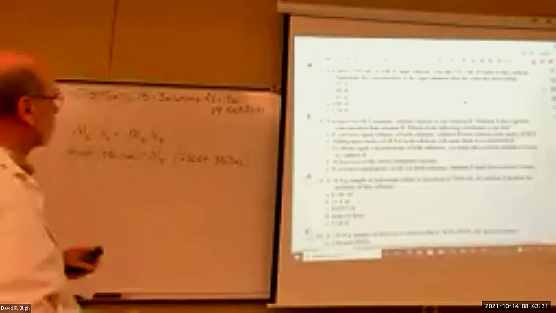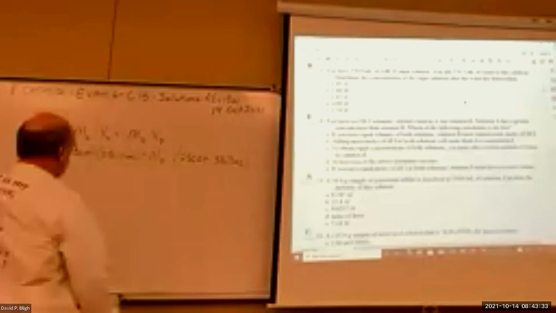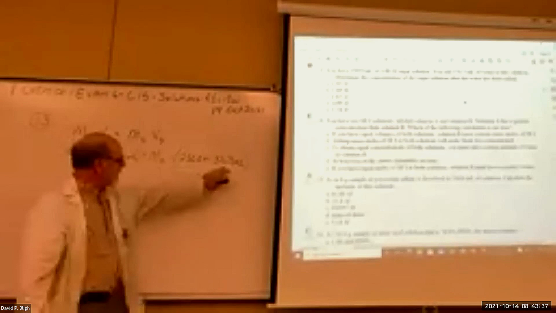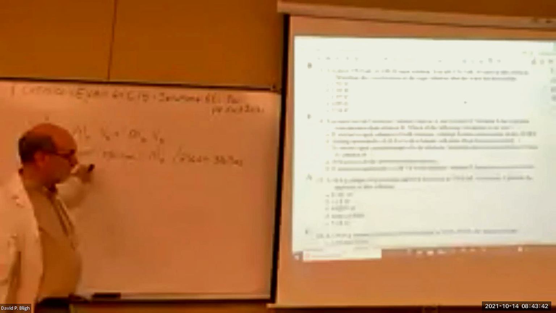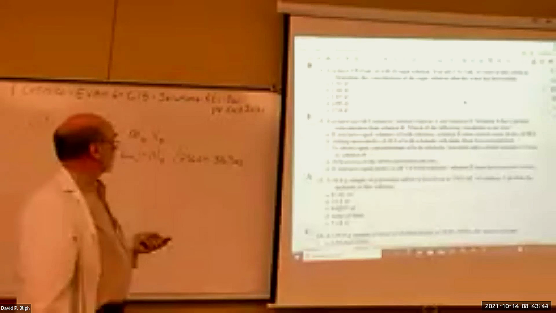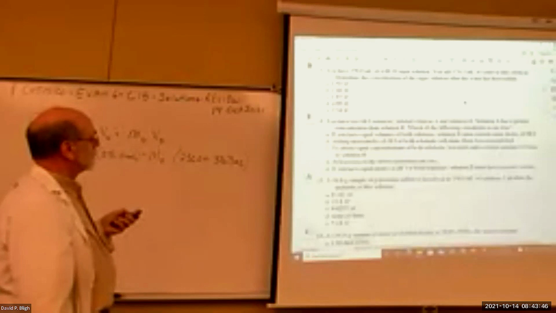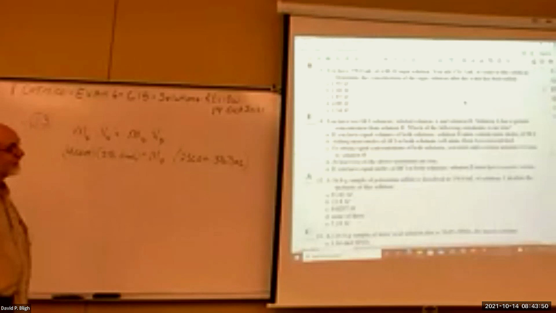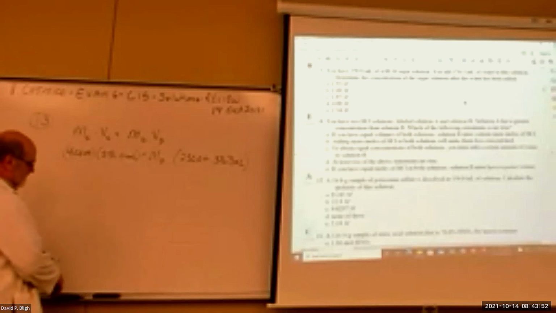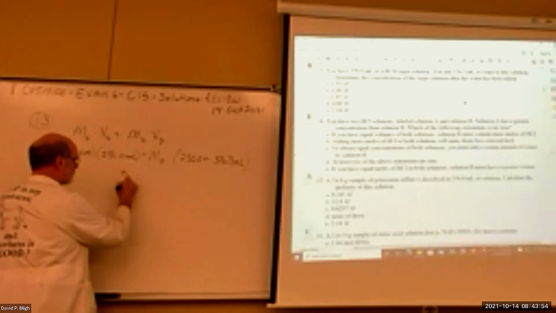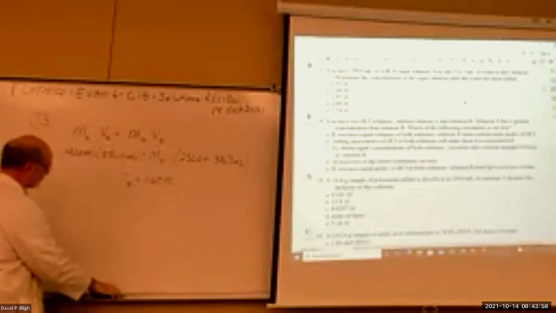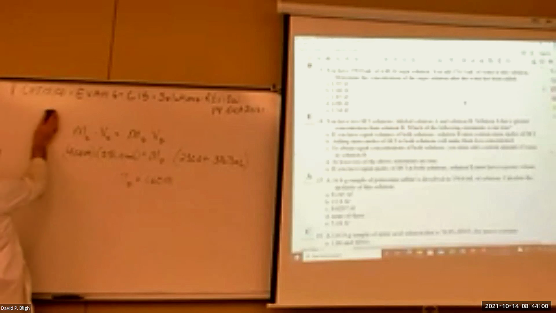So if we solve this for that value, we add these together, we divide that into this product, we should get 1.6 molar. All right. That was 13.